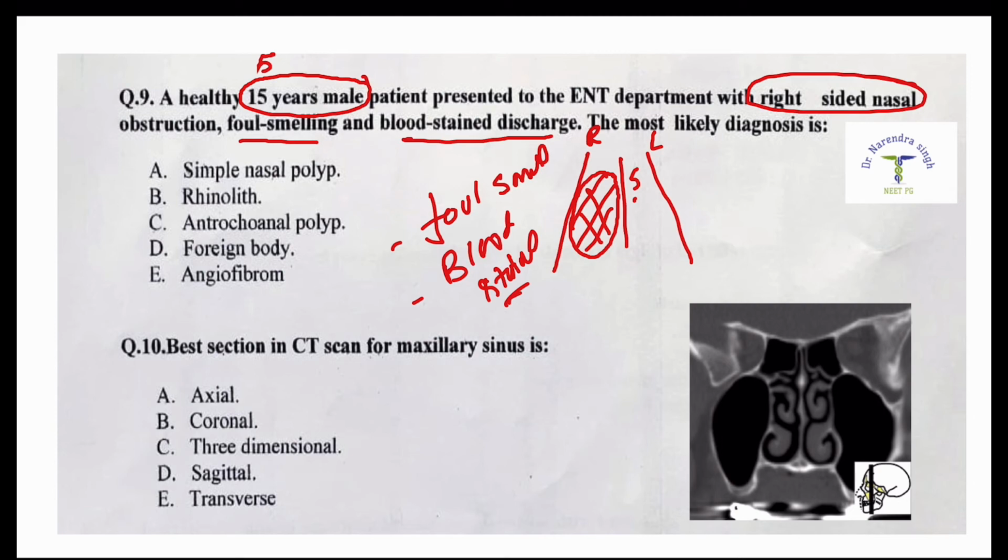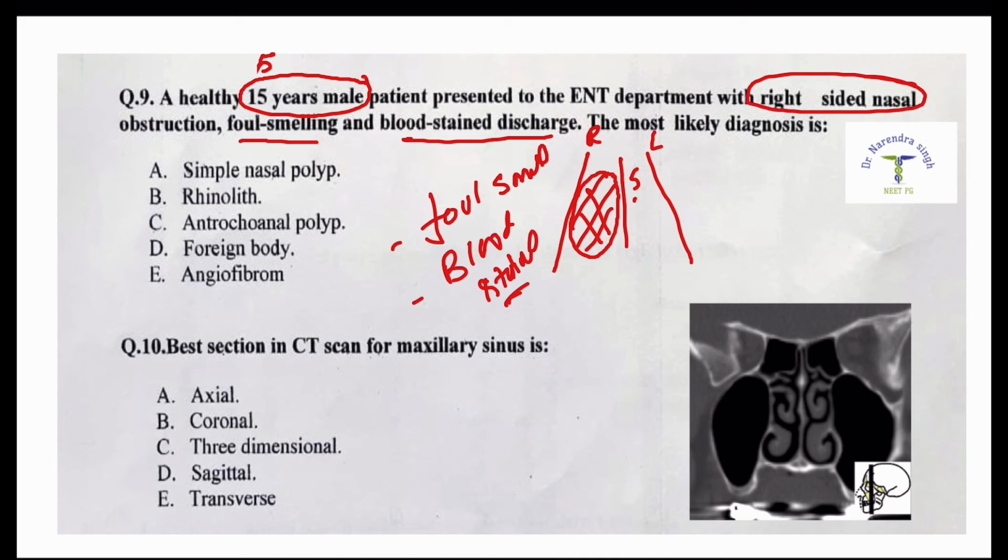But in cases of foreign body, usually the discharge is foul smelling, but it is not usually blood stained. Now, second option is antrochoanal polyp. Antrochoanal polyp can also lead to nasal obstruction, but in that case also the discharge is neither foul smelling nor blood stained usually.